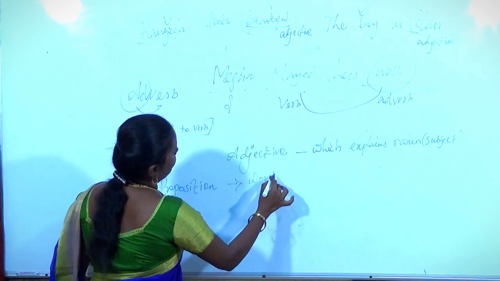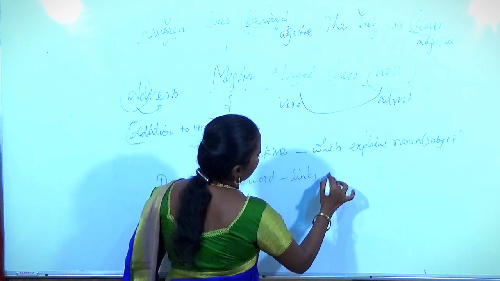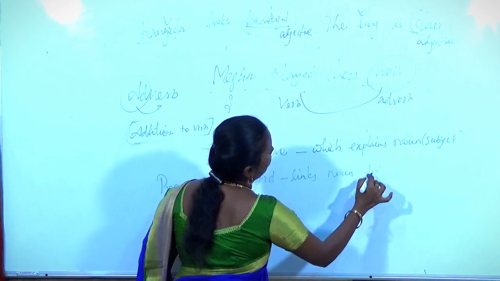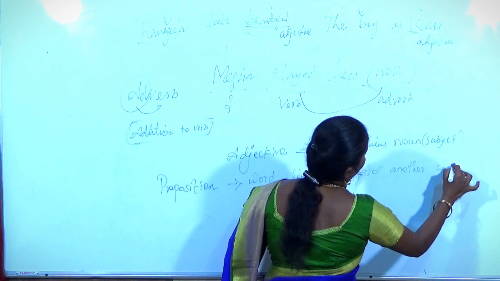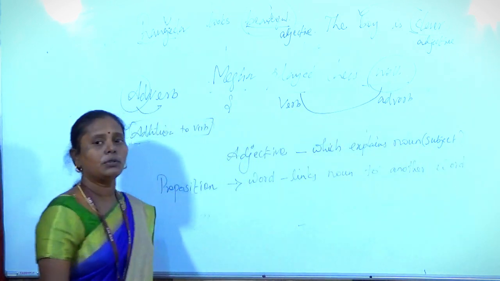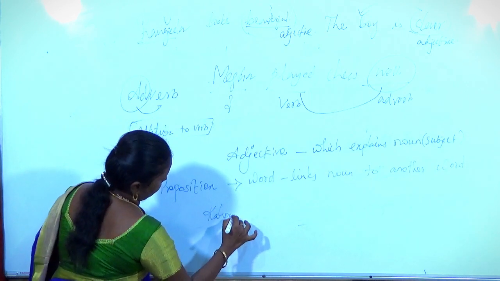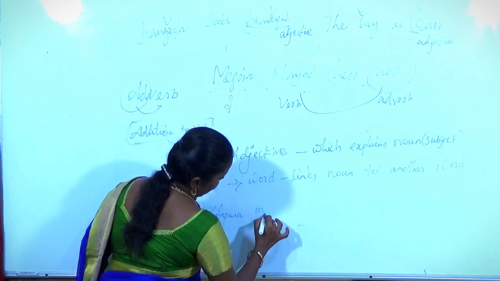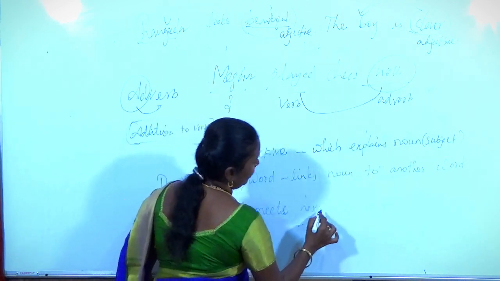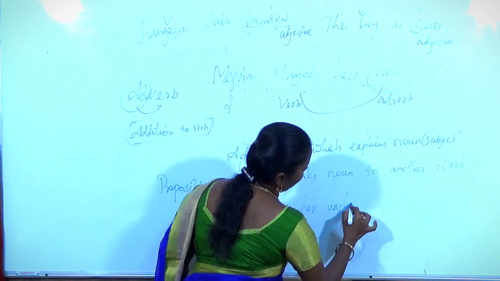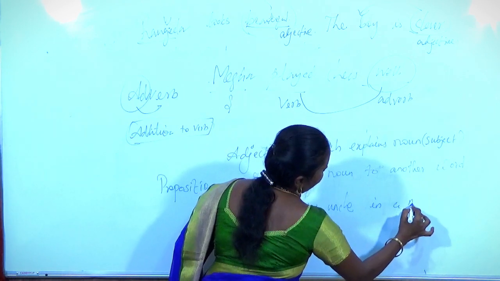Preposition is a word that links a noun to another word. For example, Kalpana meets her uncle in a meeting.